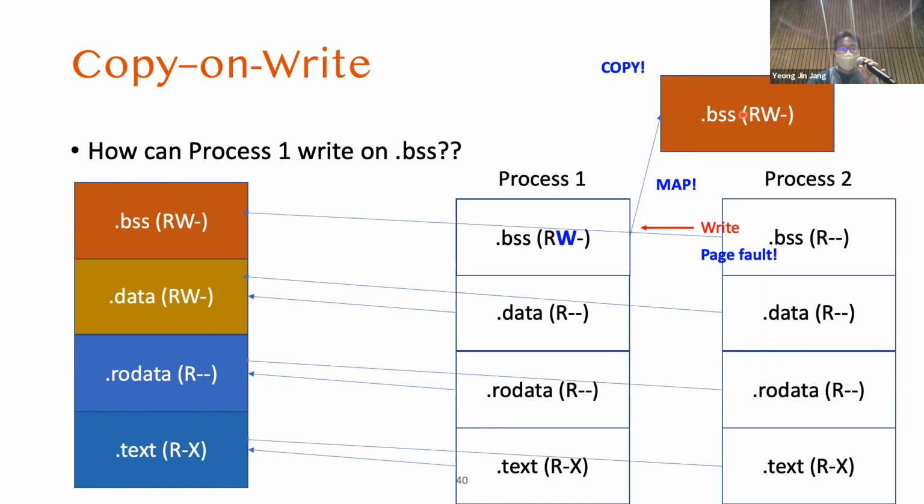But the important thing is that process 2 can still point here. If process 2 attempts an access, it will not use this one. It will have its own private copy, because there's no guarantee that the change made by process 1 will be the same as process 2. So this is the principle of copy on write.